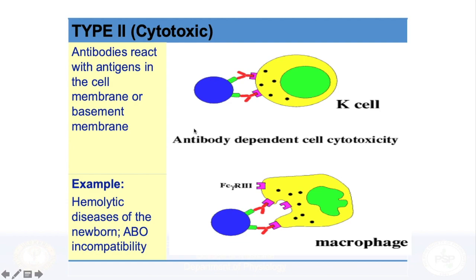So if the recipient is type O, the antibodies present in that person's blood would be antibody A and antibody B. Now, if the donor is type B, remember, the blood type corresponds to the antigen present on the surface of the red blood cell. So if the donor is type B, it means that on the surface of the RBC, it has B antigen. So when this B antigen is encountered by the antibody B, the RBC would be destroyed. So there is cytotoxicity.